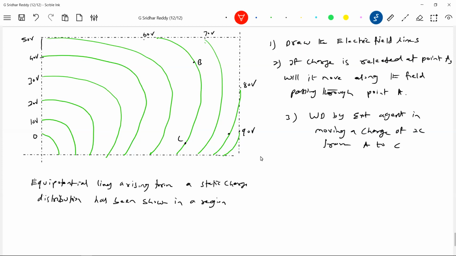Now what shall I do? I'll keep point A here. We will directly start from here. The lines of force I should draw in such a way that they are perpendicular, no? I'll continue, just make observations. So everywhere it should be perpendicular.